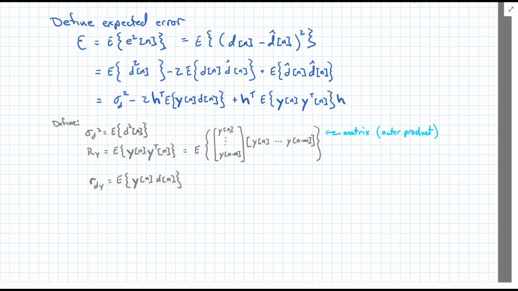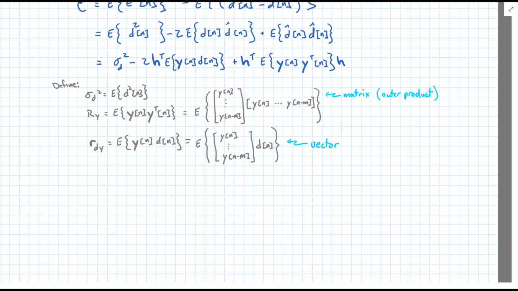And then we'll define r_dy, and this is a vector that is the cross correlation between the scalar d_n and the vector y_n, like so. Okay, so with these things defined, we obviously here have this expectation is going to be r_dy, and this expectation is going to be our capital R_y.